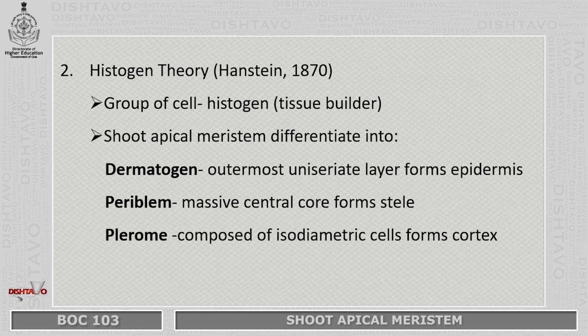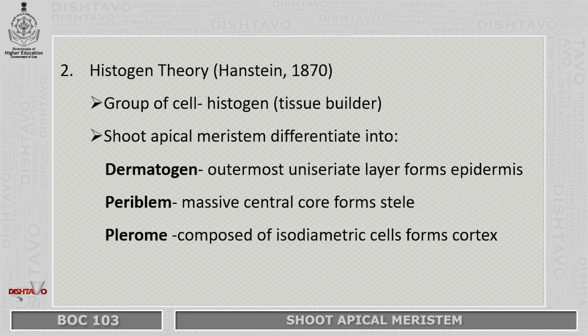Next is the histogen theory. This theory was given by Hanstein in the year 1870. According to this theory, the apical meristem first forms the promeristem, and this promeristem later differentiates into groups of cells called histogens.